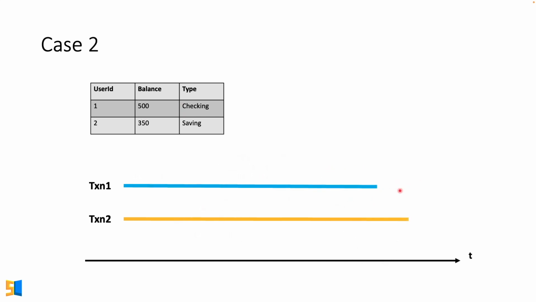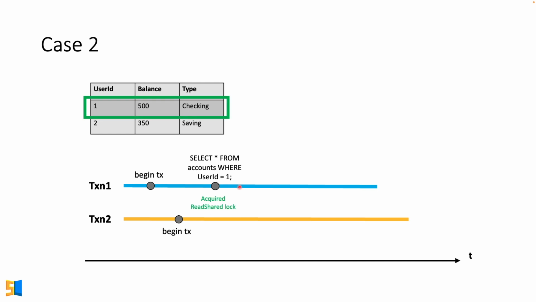Now let's check case 2. Transaction 1 begins a transaction. Transaction 2 then begins a transaction. Transaction 1 does select star from accounts where user ID 1, so it acquires a reader shared lock. Then transaction 2 also does select star from accounts where user ID 1.